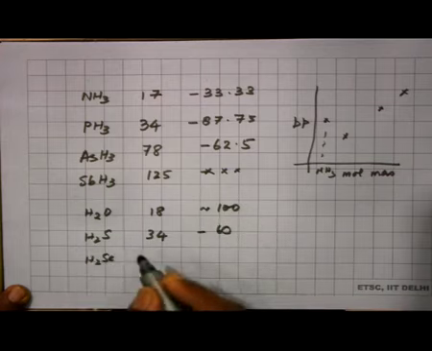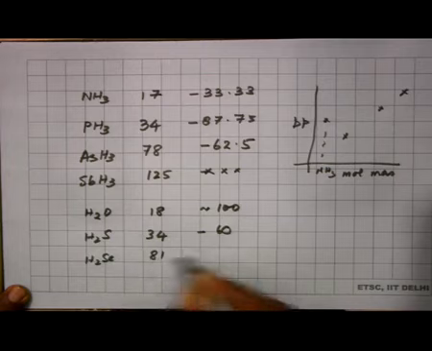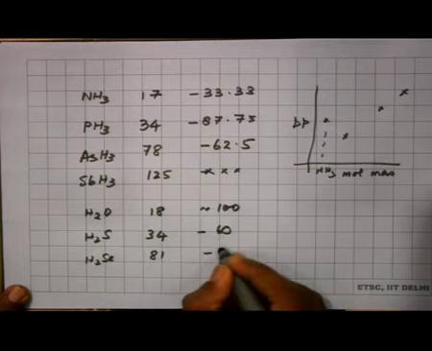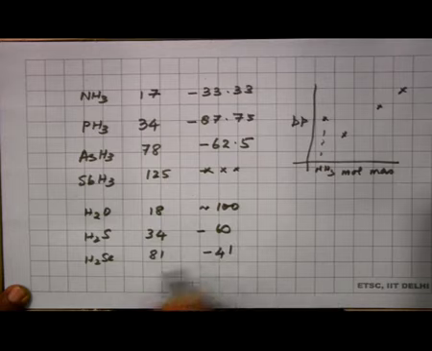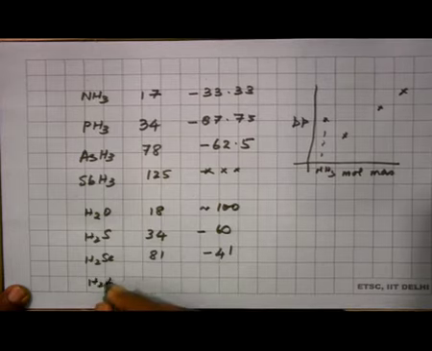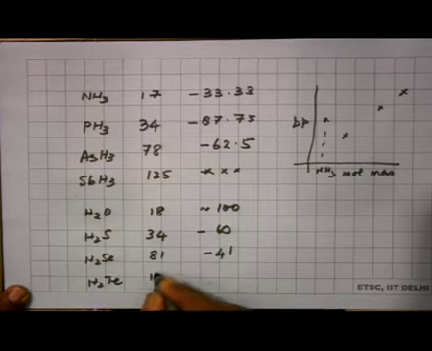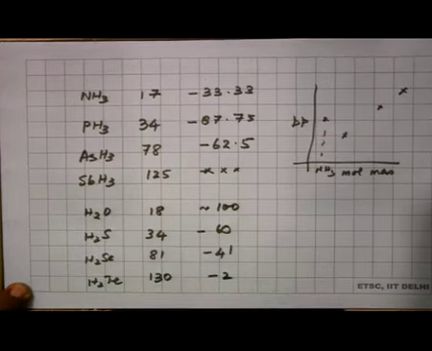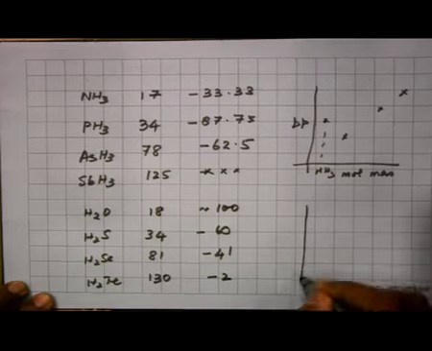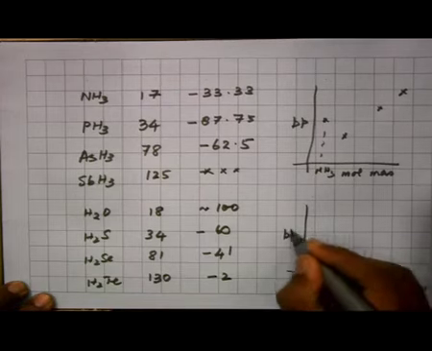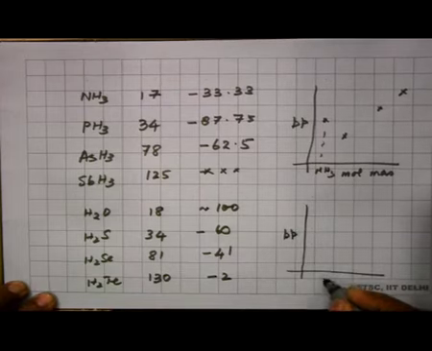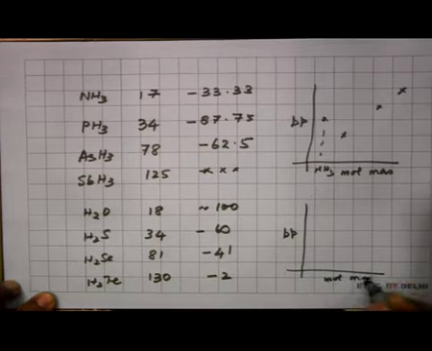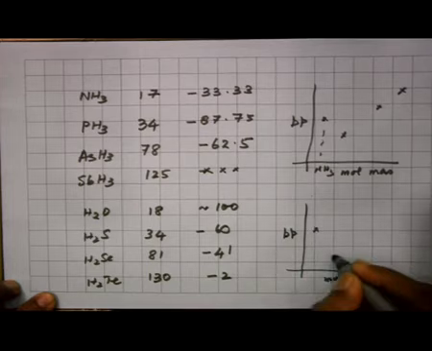H2Se, hydrogen selenide, molar mass of, minus 41, and H2Te, 130, with a boiling point of minus 2. Again, boiling point versus molar mass, there you go.